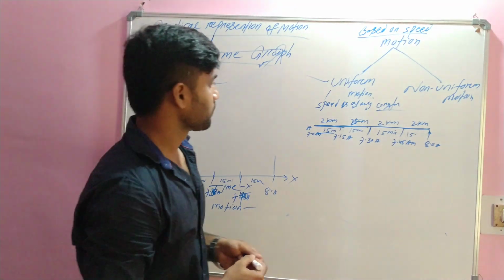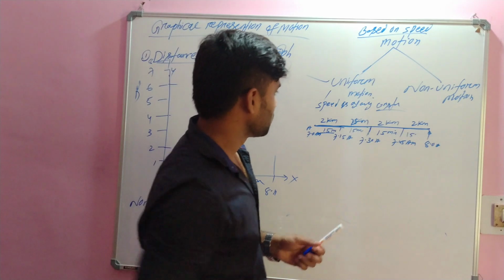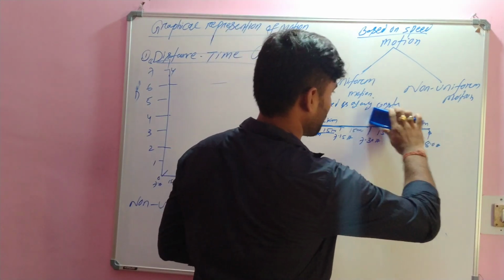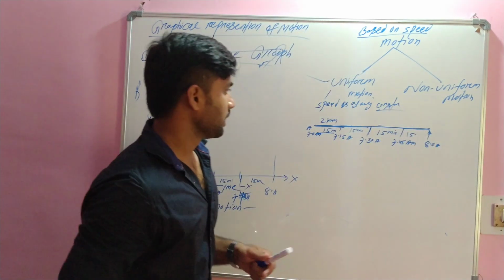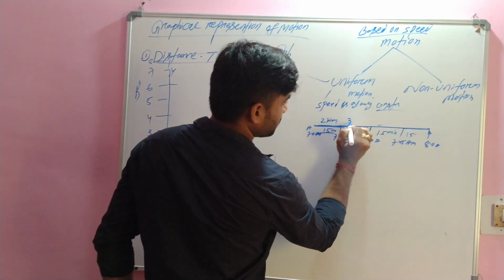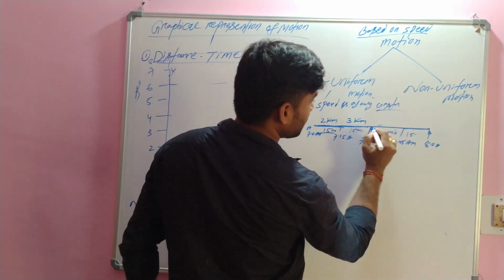Non-uniform motion. Suppose in 15 minutes the object covers 2 kilometers. In the next 15 minutes, the object covers 3 kilometers.